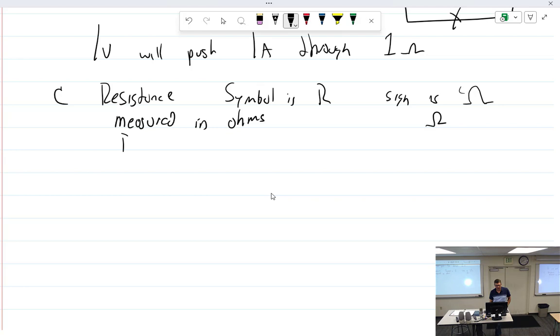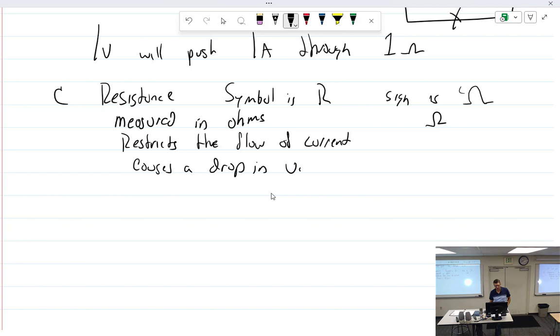It restricts the flow of current, causes a drop in voltage. Also thought of as electrical friction. I like that.